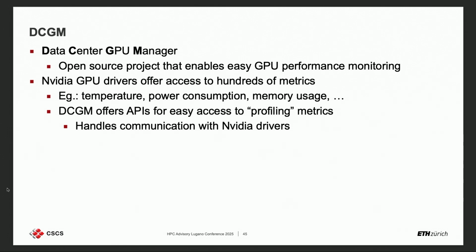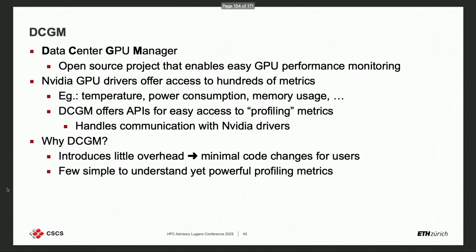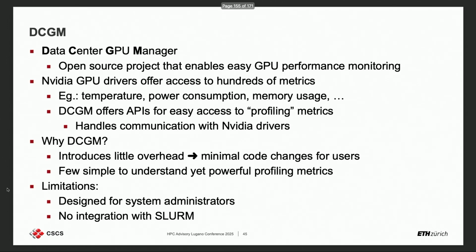It offers easier ways to profile the metrics and handles communication with NVIDIA drivers. On our side, this is basically the foundation of the tool because it introduces little overhead, requires minimal code change for users, and has a few simple to understand but relatively important profiling metrics.